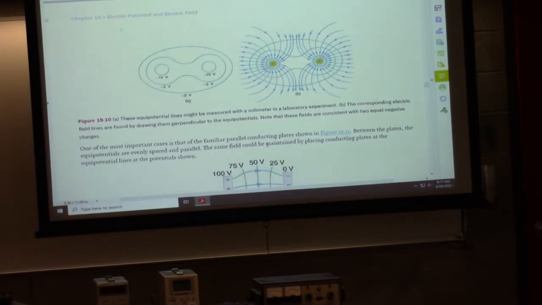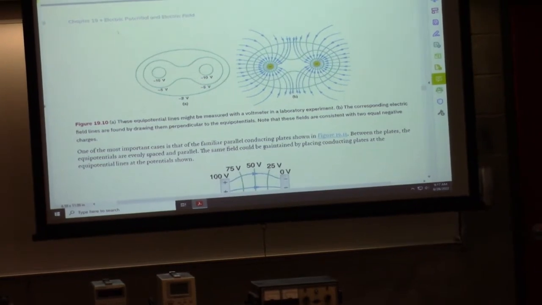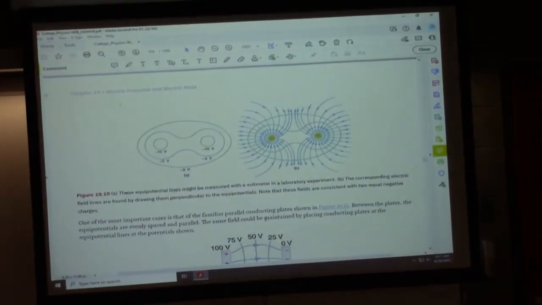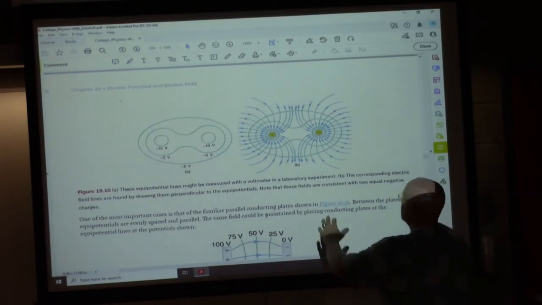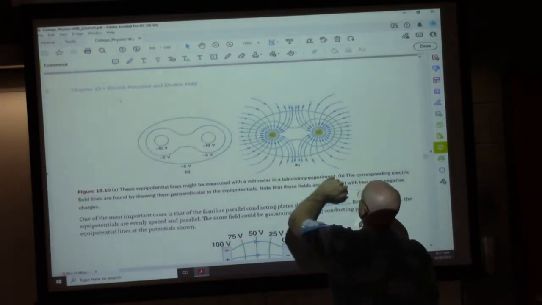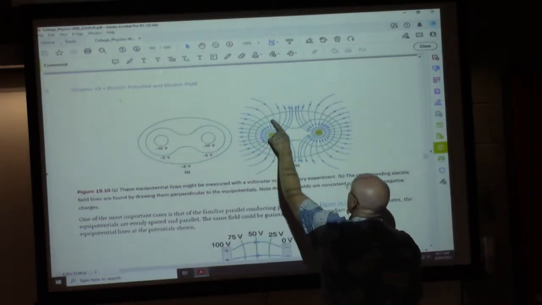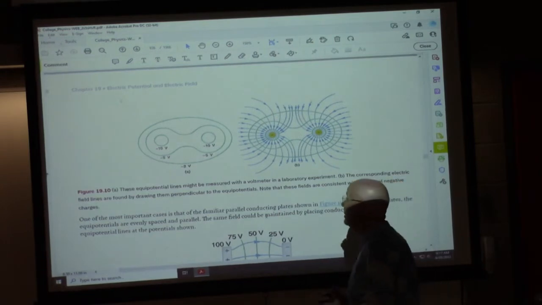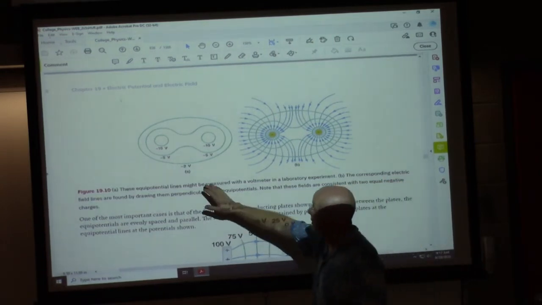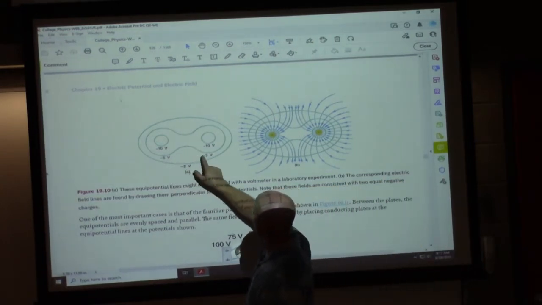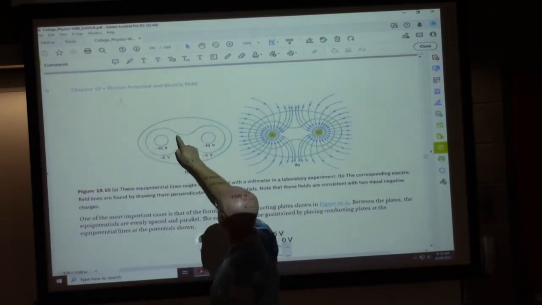Here is a, let's see, a bipole, because they have the same charge. But again, you can kind of see the electric field that we talked about in the last chapter, and then you can see these green lines that are drawn perpendicular, and these are called the equipotentials. They're saying everywhere along, say, this green line is negative 5 volts.